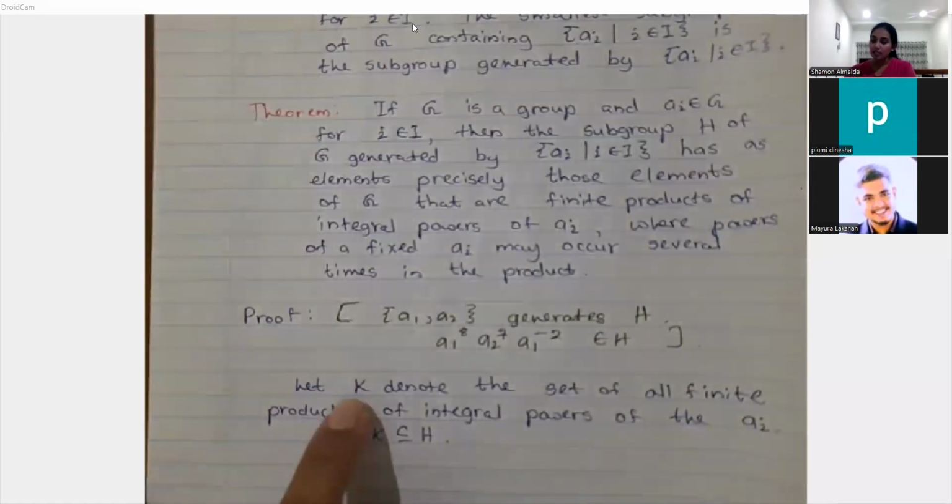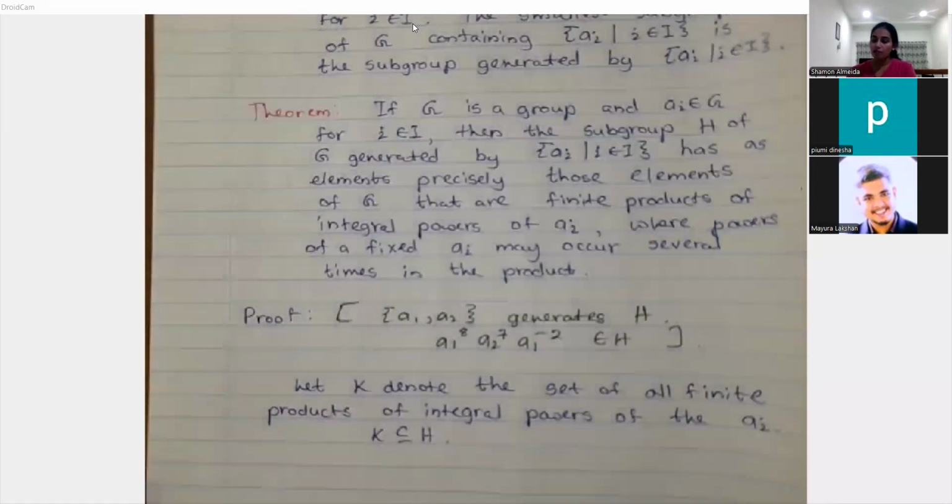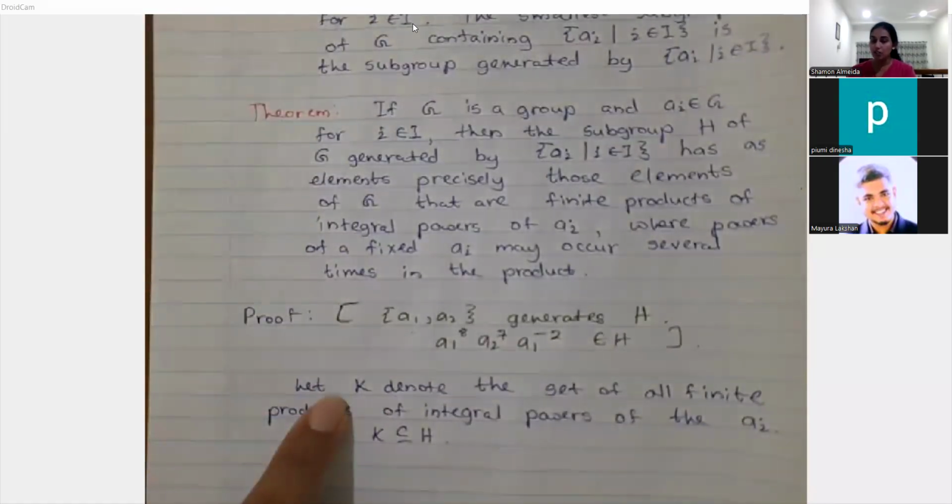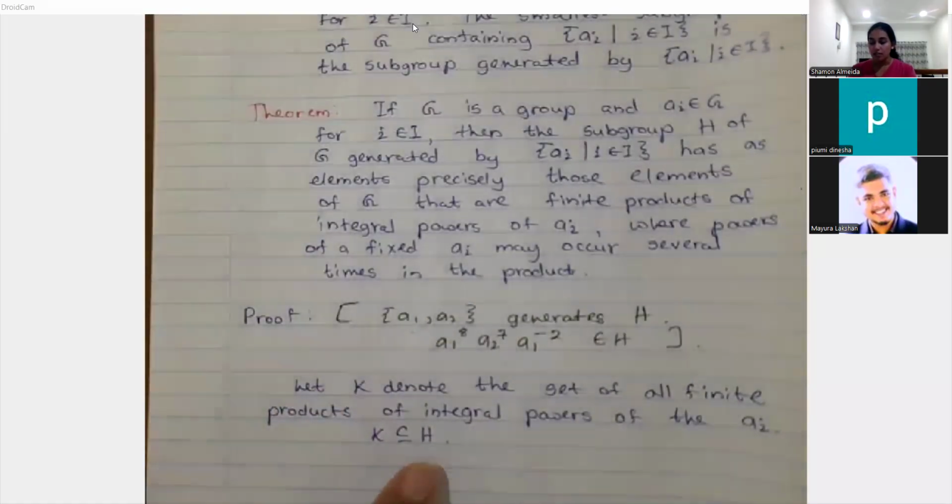Now, K denotes the set of all finite products of integral powers of a_i. In other words, K also contains all these a_i, right? All these a_i must belong in K by definition of K. And it's a subset of H. If we show that K is a subgroup of H, the only possibility would be for K to equal H.